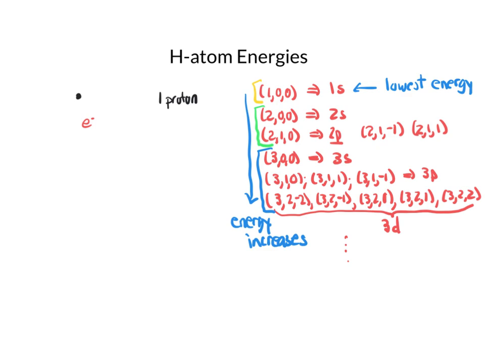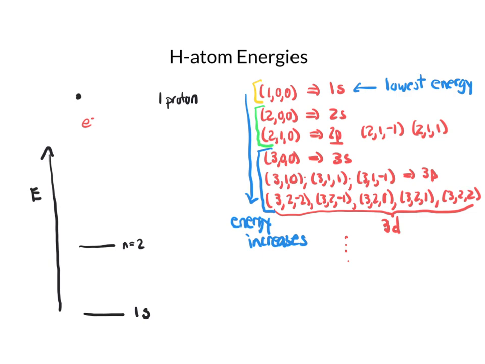So if I was to draw a diagram to represent those energies, I would do energy increasing along the y-axis, if you will. And I would put my 1s down here at the lowest possible value. And then my N equals 2 orbitals would be here.